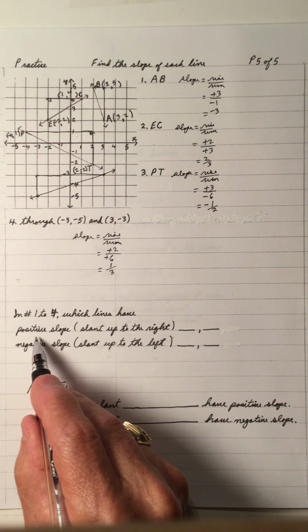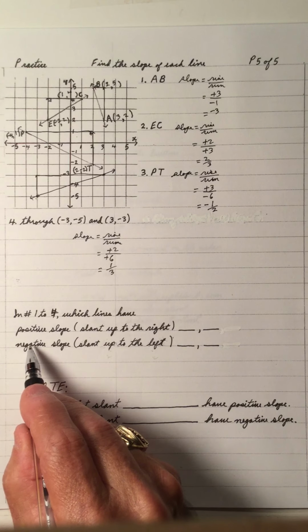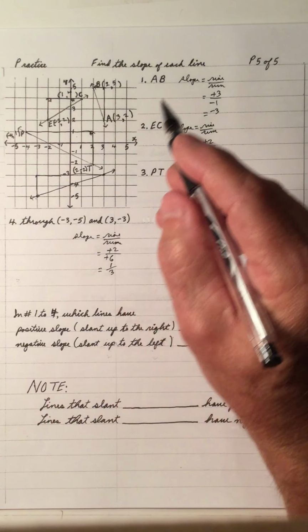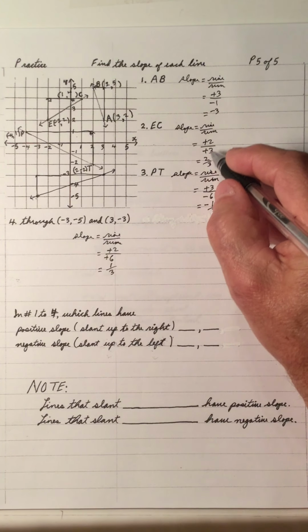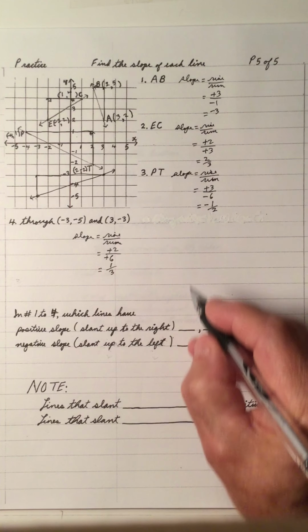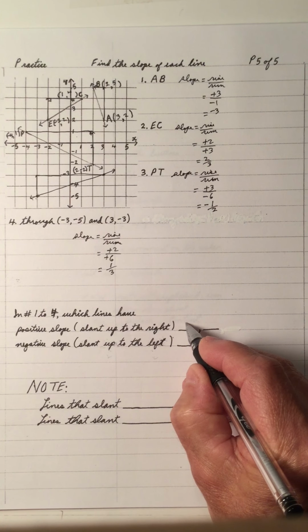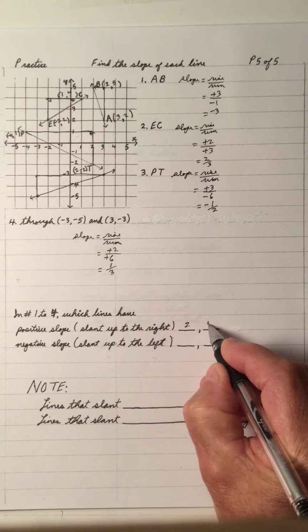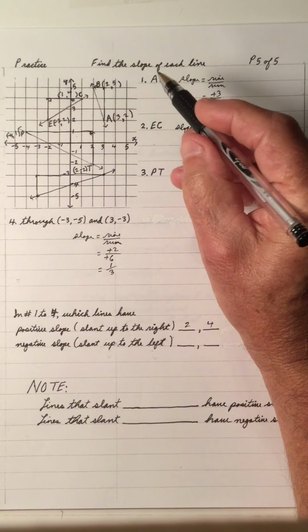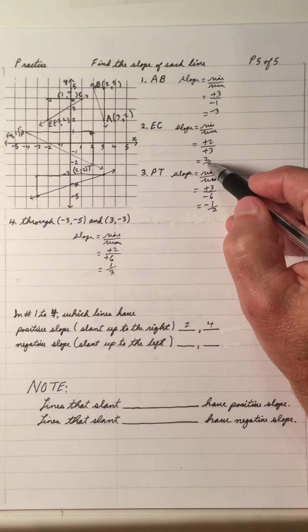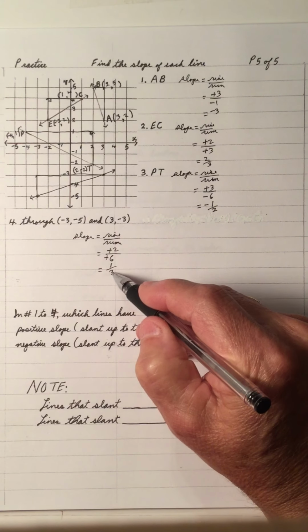Which lines have a positive slope? Positive slope is number 2 and number 4. Positive slope is 2/3 and 1/3.